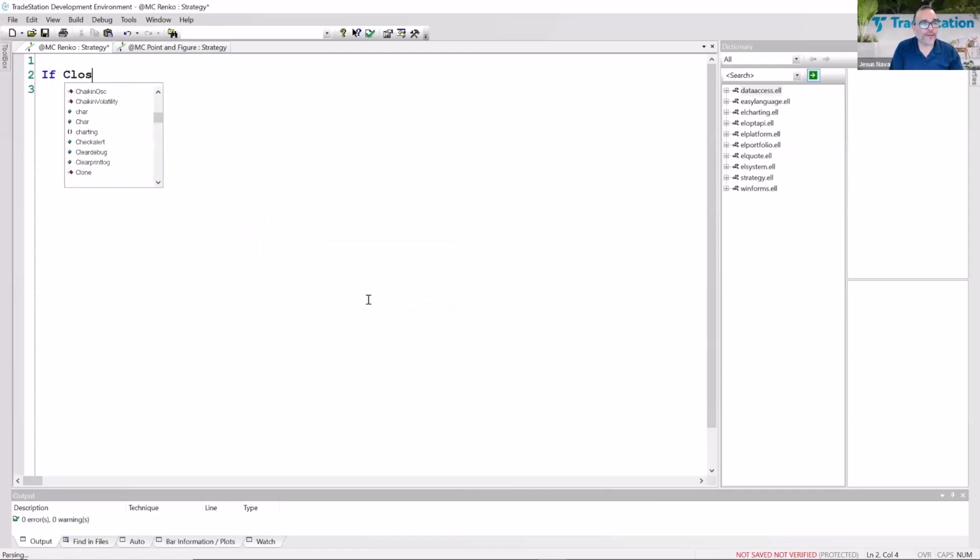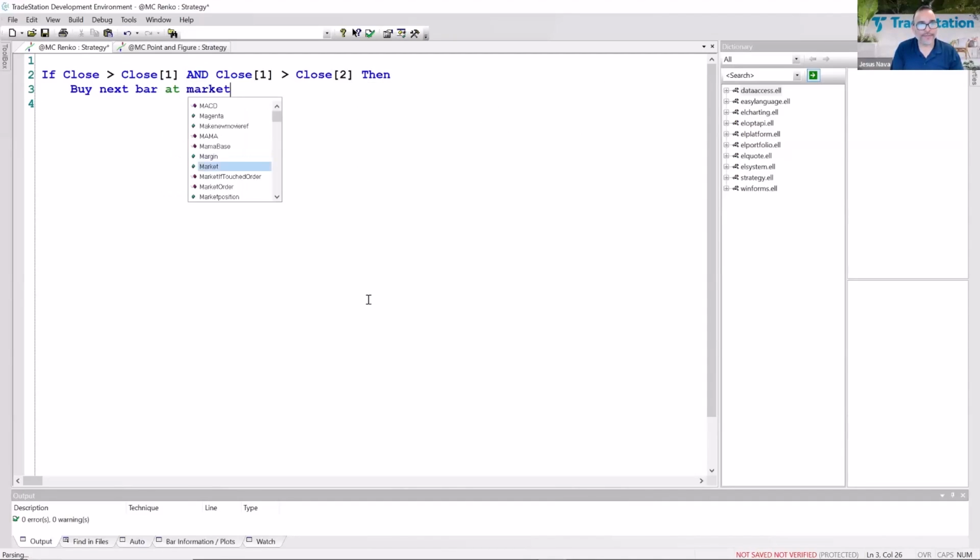If the close is greater than the close 1 bar ago, and the close 1 bar ago is greater than the close 2 bars ago, then I'm going to put the command down here: buy next bar at market.